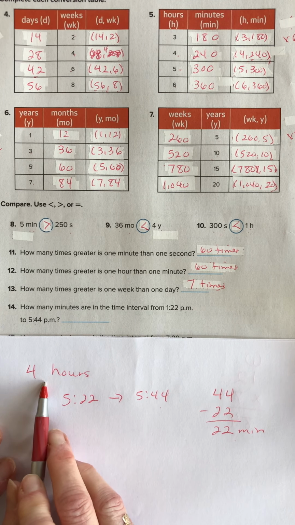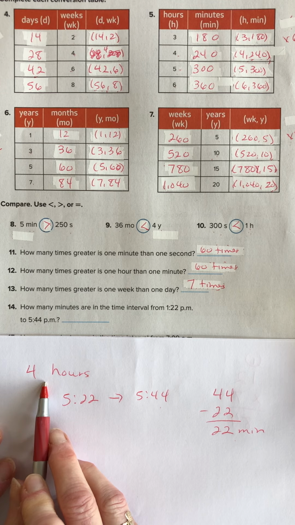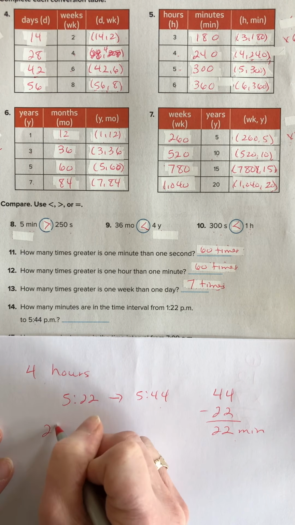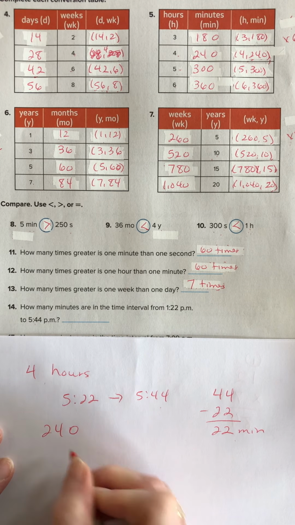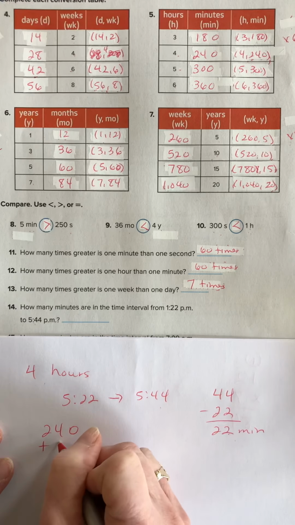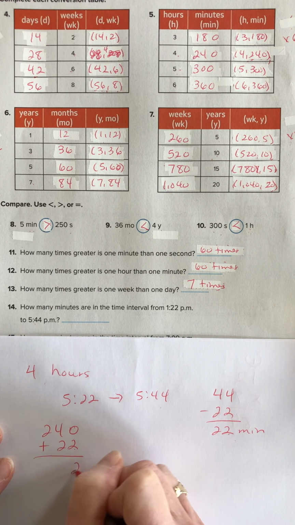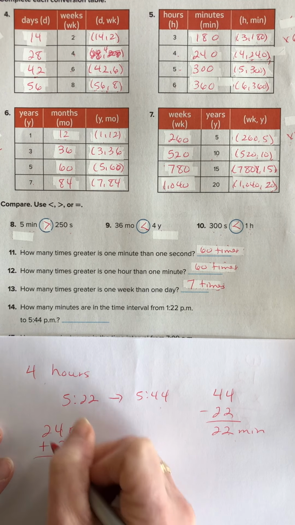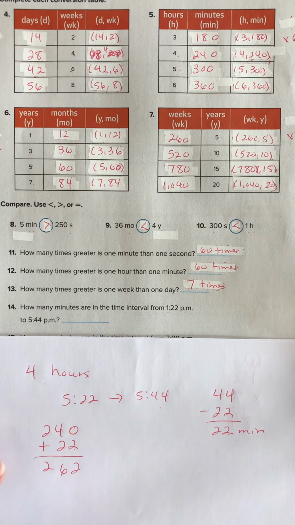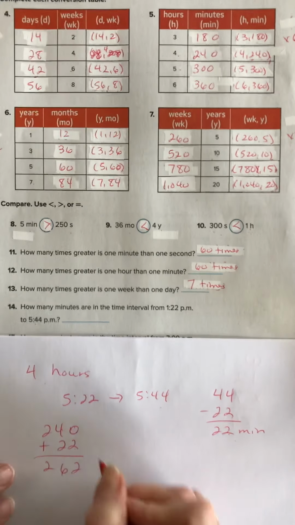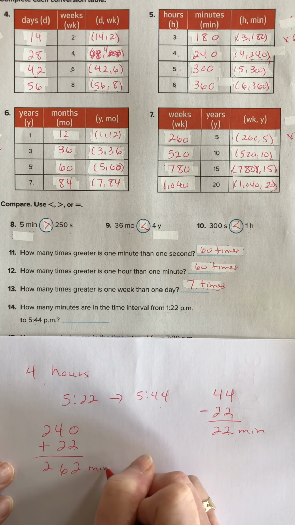So I need to change this 4 hours into minutes. So there's 60 minutes in an hour, so 6 times 4 is 24, and add that 0, and now I have to add in the number of extra minutes I have. 0 plus 2 is 2, 4 plus 2 is 6, 2 plus 0 is 2. So that time interval is 262 minutes.